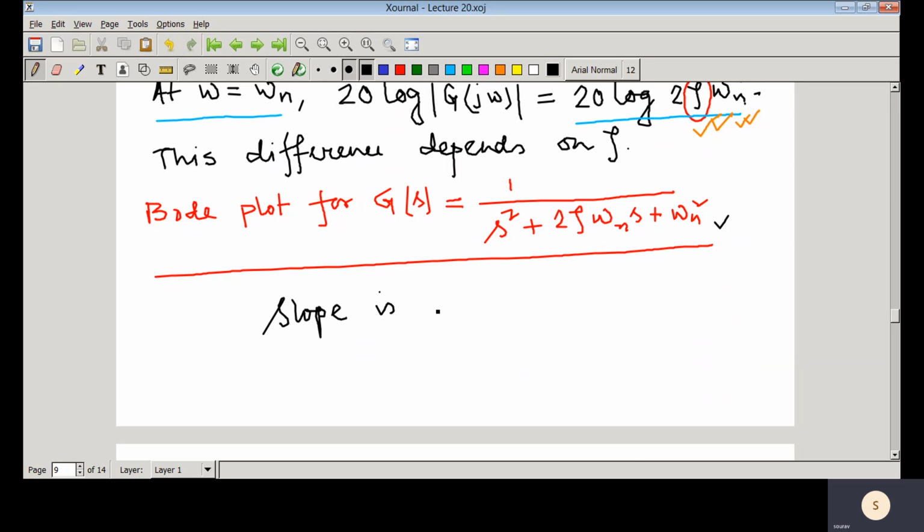Here the slope would be minus 40 dB per decade, and the angle would be minus 180 degrees, whereas in that case it was 180 degrees. The slope of the angle is minus 90 degrees per decade.